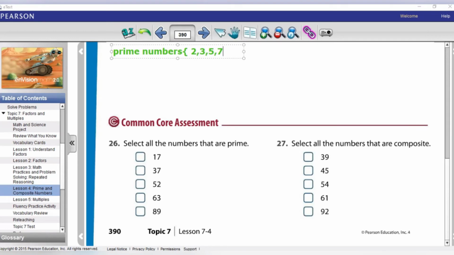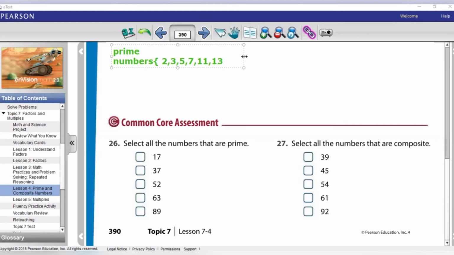What about 9? 9 has 3 as a factor, so 9 is not prime. What about 10? 10 is an even number, so it's not prime. 11, yes, 11 is a prime number because we have 1 times 11 equals 11. There are no more factors that give me 11. After that we have 13.